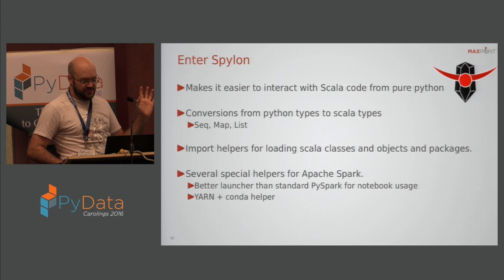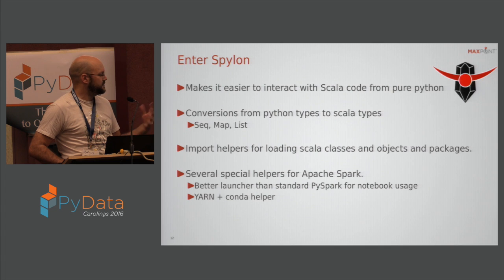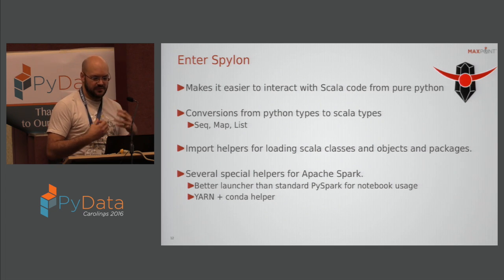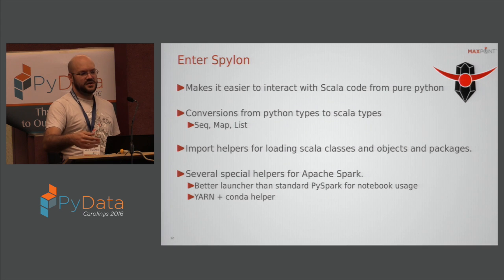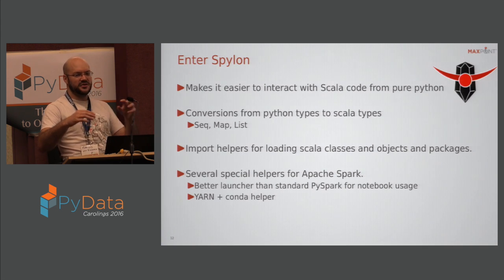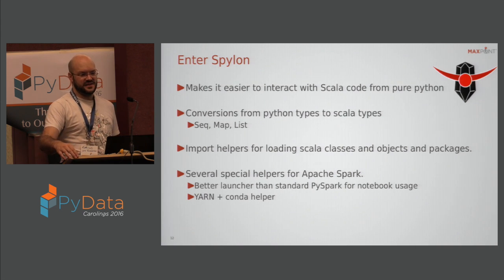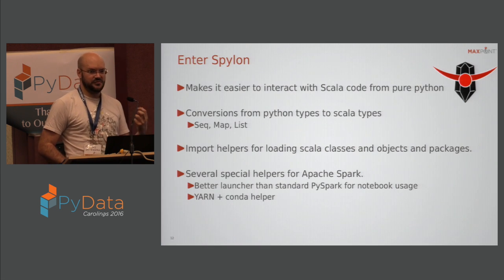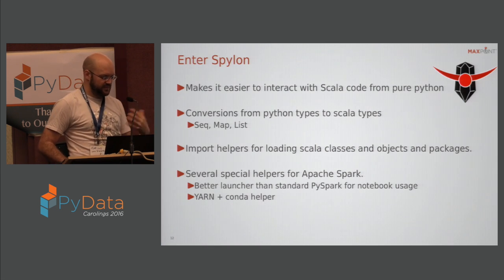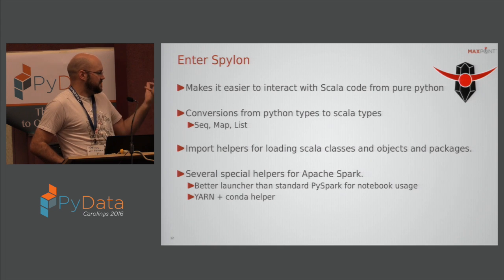It provides a bunch of conversions for simple types, and some import helpers for dealing with Scala constructs. So Scala has a thing called an object, which is similar but not quite the same as a Java static class. So you'll need ways to get those things because you're probably wanting to use them if you're writing Scala code and you want to use that from inside Spark and Python.